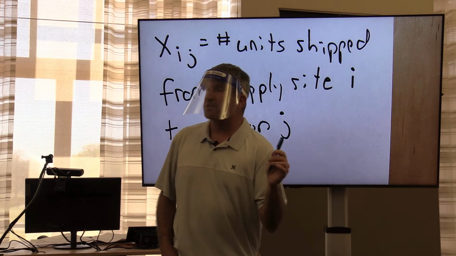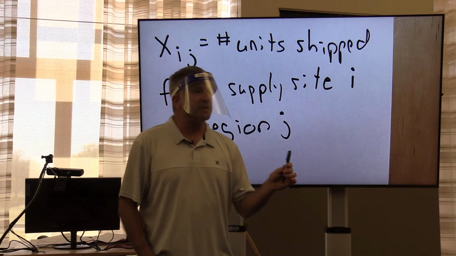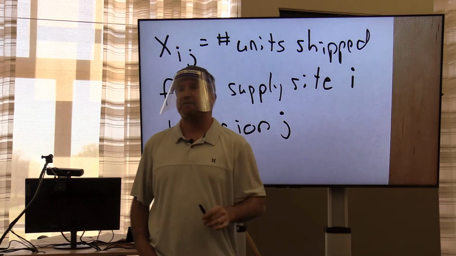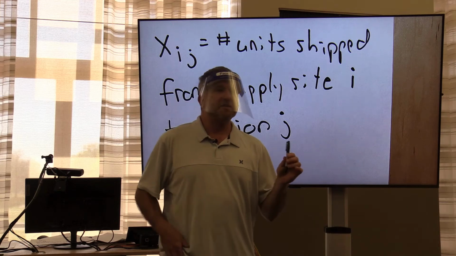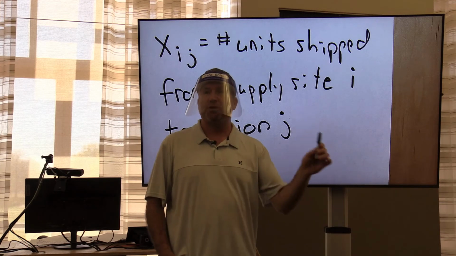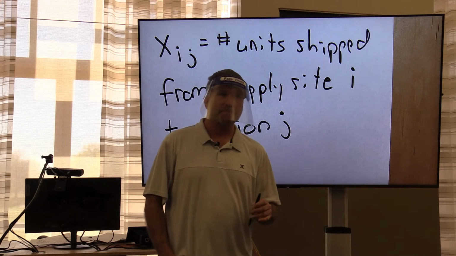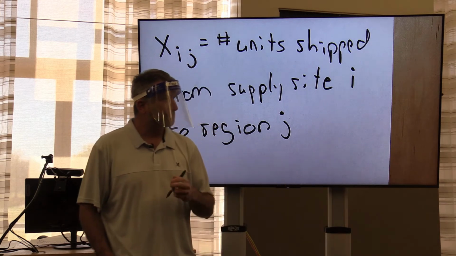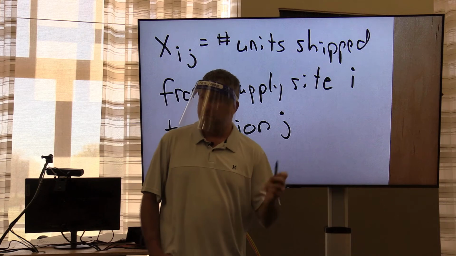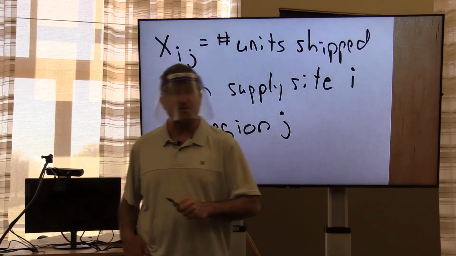When we optimized MPS, I went from 1, 2, 3, 4, 5 because we went March, April, May, June, July. Here, I is going to go from 1 to what? 2. There's 2 supply sites.